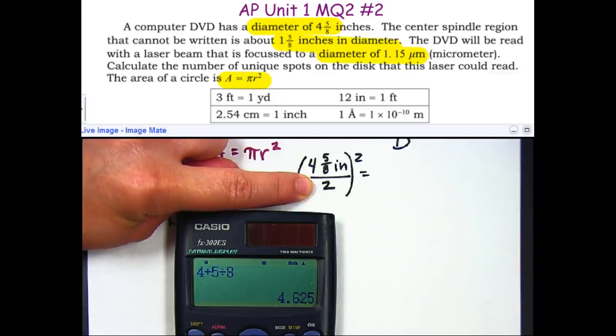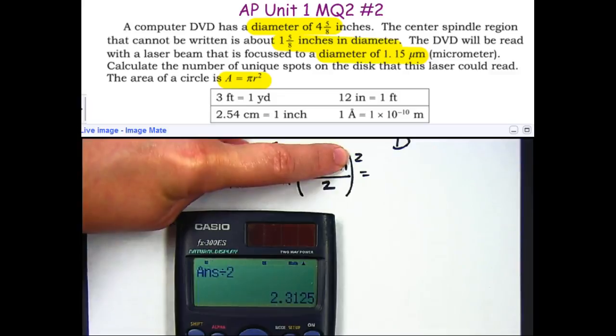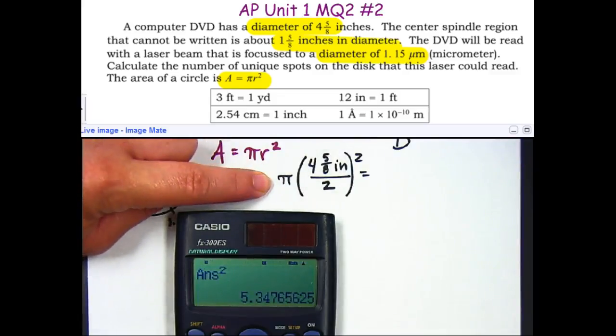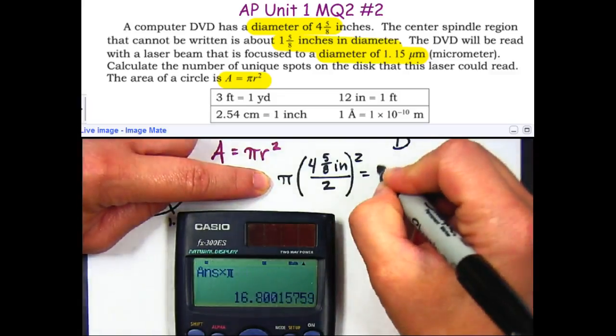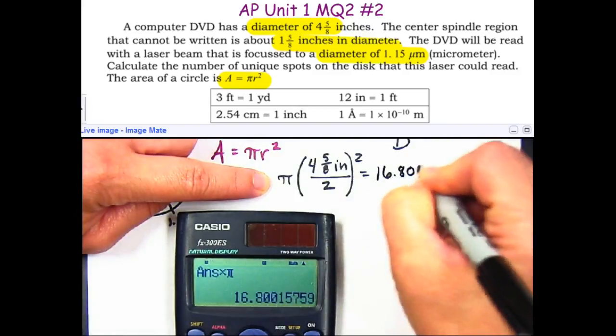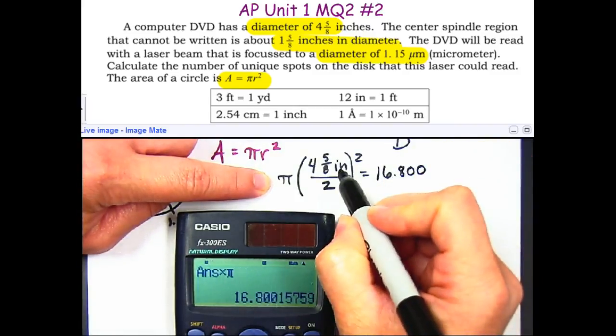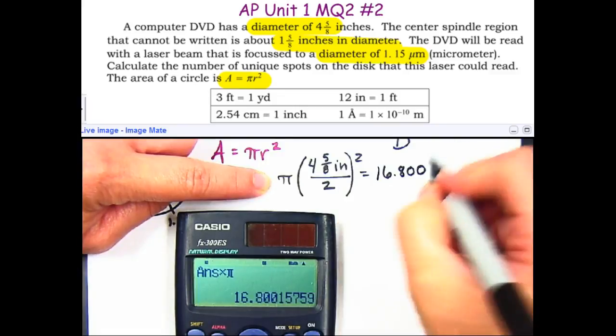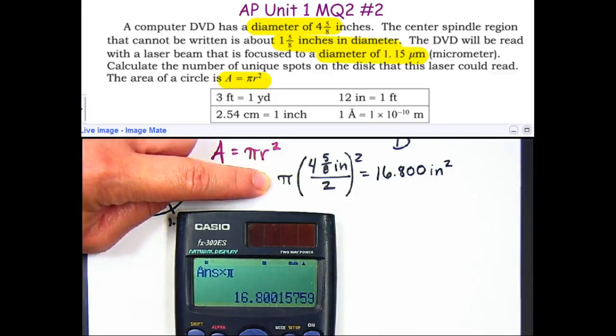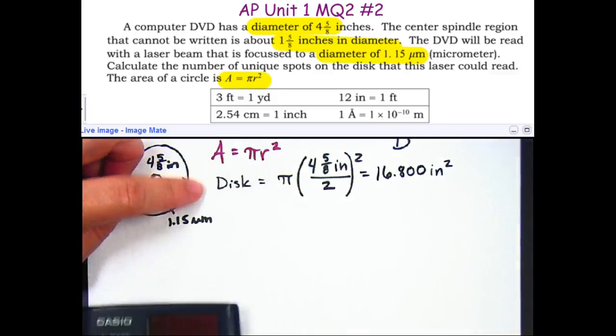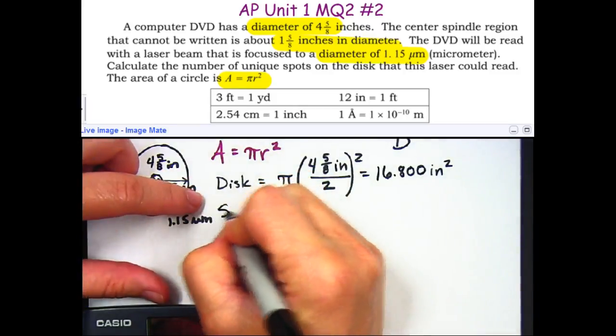Then I'm going to divide that by 2, and then I'm going to square that value, and then I'm going to multiply it times pi. This gives me 16.800, and I want you to notice that it's inches squared.